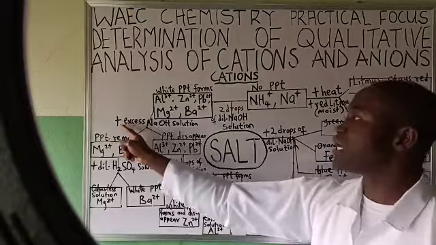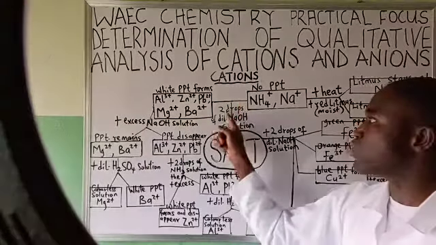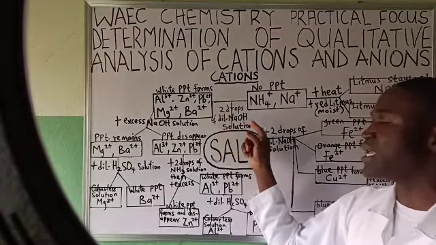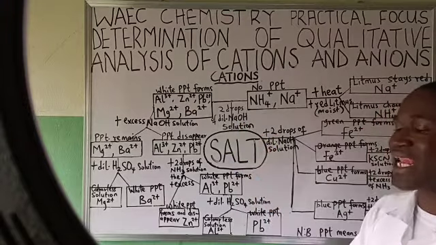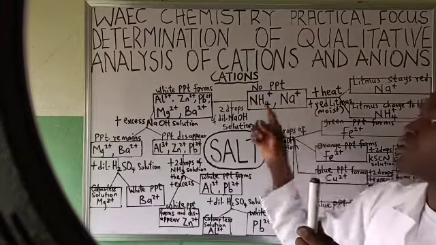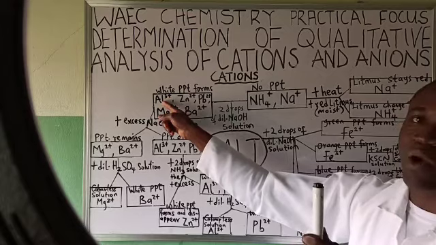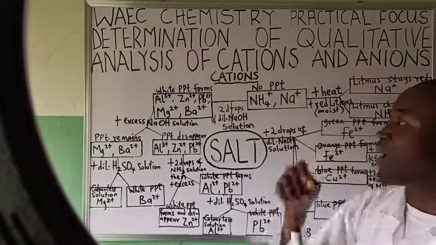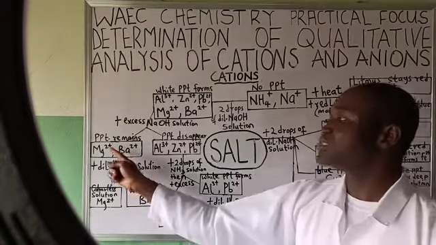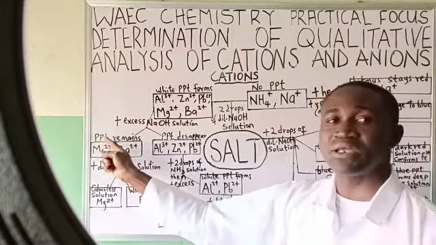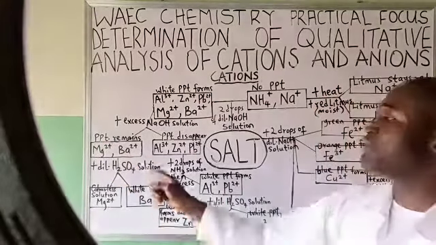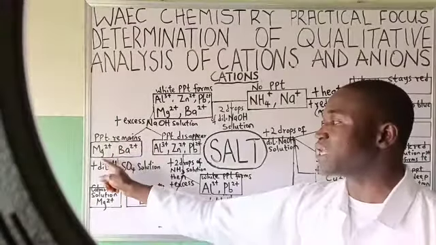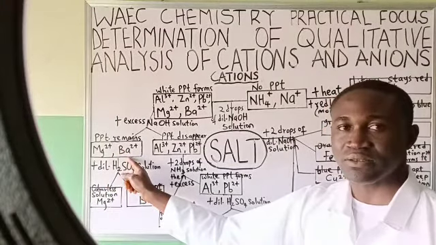Then I'll say this happened with 2 drops of dilute NaOH, that is sodium hydroxide. That is when I will be talking about white PPT. But when I now put excess of what? Sodium hydroxide, and the white precipitate remains. If the white precipitate remains, look at the cations I will be suspecting.